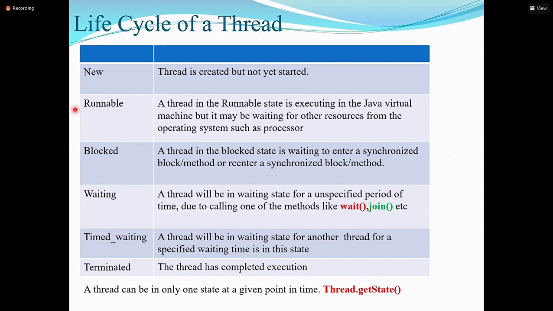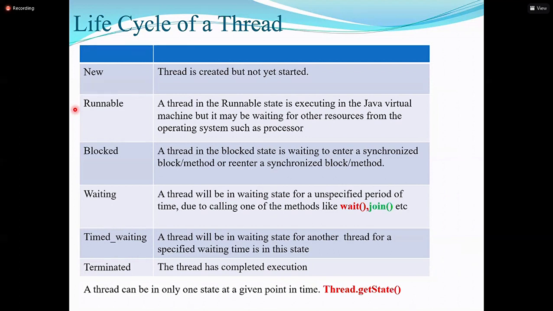At that time, the thread will be in waiting state. If I give a time like 3 seconds, 5 seconds, 10 seconds, then the thread will be in timed waiting state. Once the thread came out from the running state, the run method, then the thread will be terminated. That is known as the terminated stage.